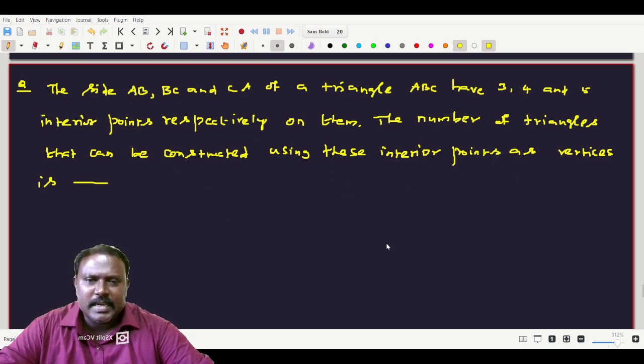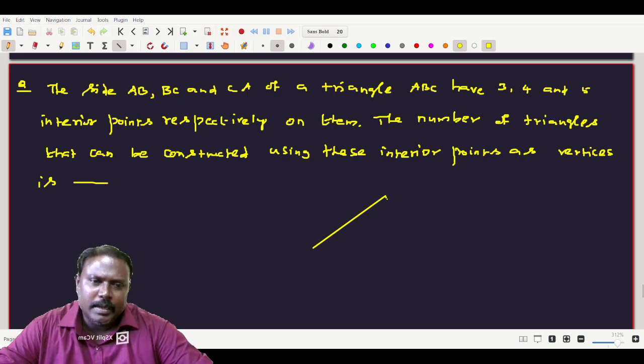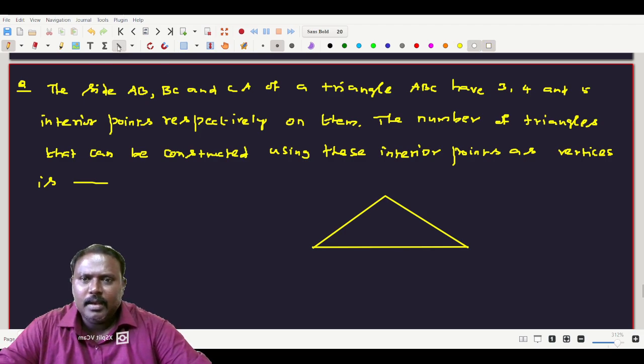actually there is a triangle ABC. So let us construct a triangle now. You just consider there is a triangle ABC, right? So this is my triangle.